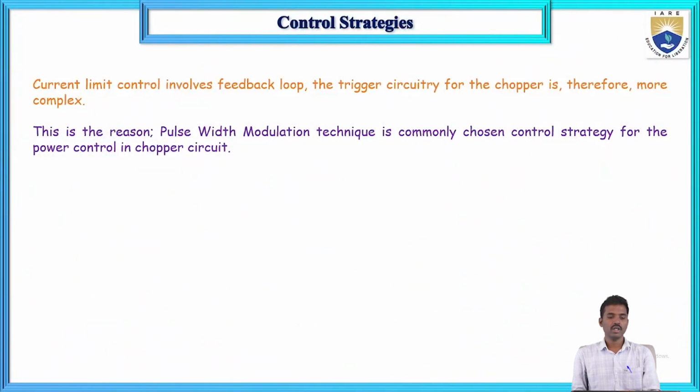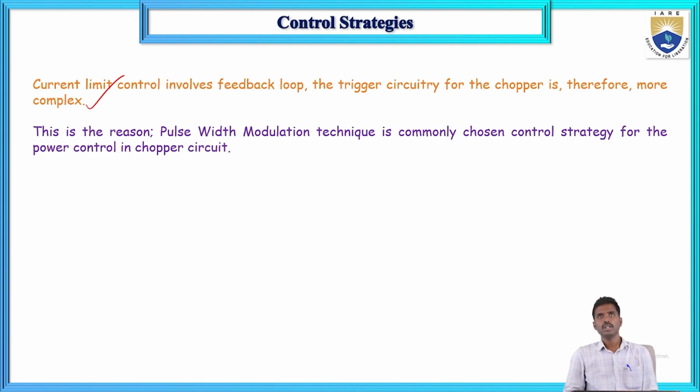Also, current limit control involves a feedback loop and triggering circuitry for the chopper, therefore more complexity. This is the reason pulse width modulation is the commonly chosen strategy for power control in chopper circuits.